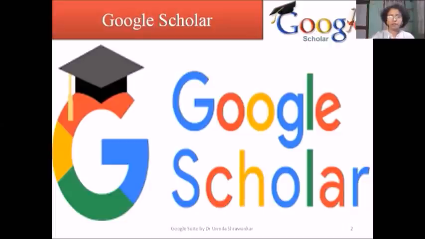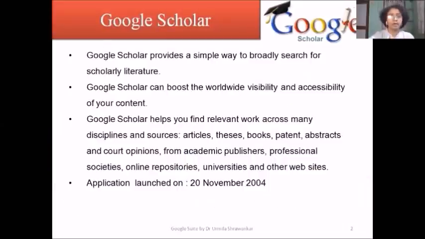Some features I will be explaining, and then directly I will be giving you the demo for creating our own profile and searching our own papers. Something about the Google Scholar. The Google Scholar provides a simple way to broadly search for scholarly literature. Google Scholar can boost the worldwide visibility and accessibility of our own content.